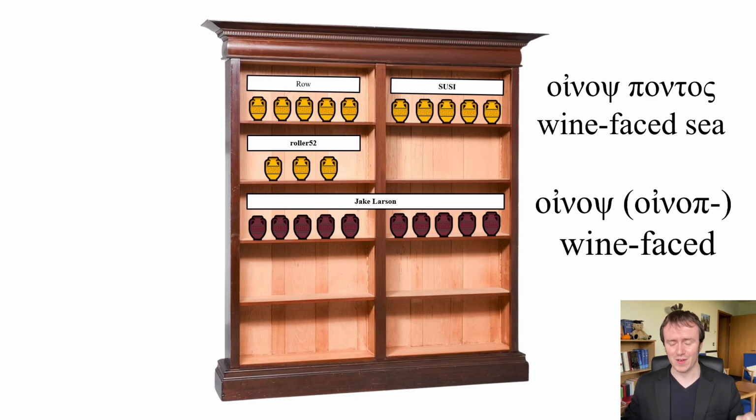I haven't looked into it enough. But if you know about oinops, please do share what you know in the comments below, okay? Share your ideas, share your theories. But Jake, I've made your amphorae wine-coloured, even though I'm not certain that Homer used the adjective to mean wine-coloured.